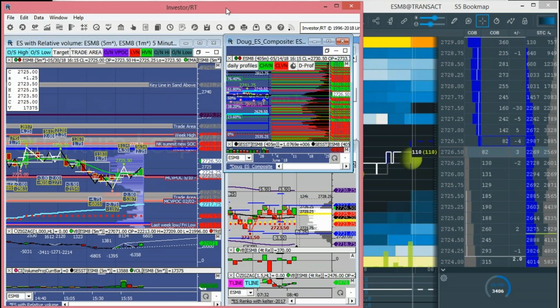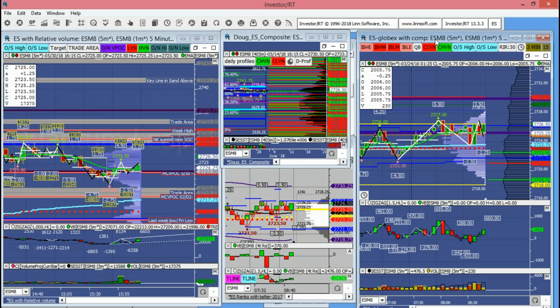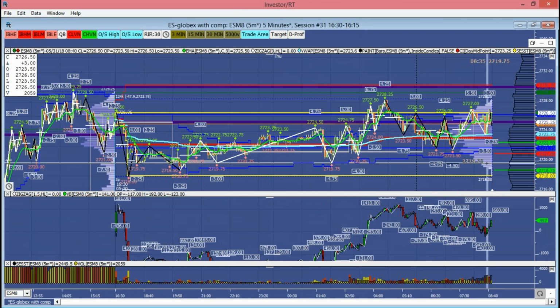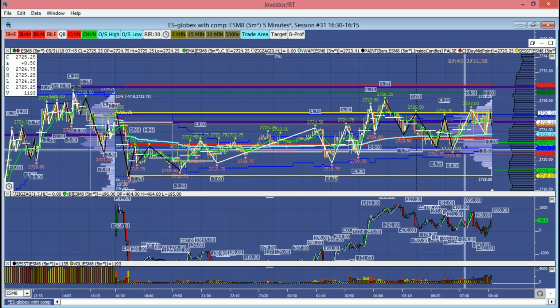You can take a look at the overnight session. Overnight session, beautiful Gaussian distribution, a little blunt, but that's what we've been seeing with our value areas, a toothy, boxy looking value area.